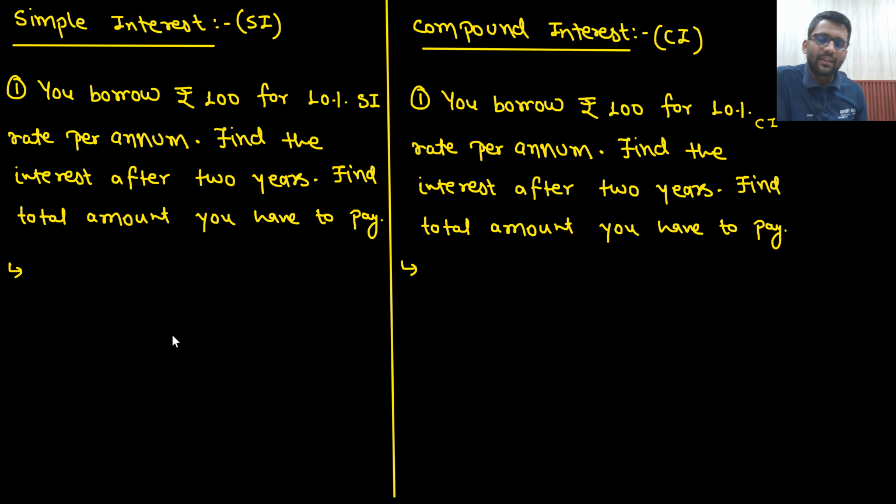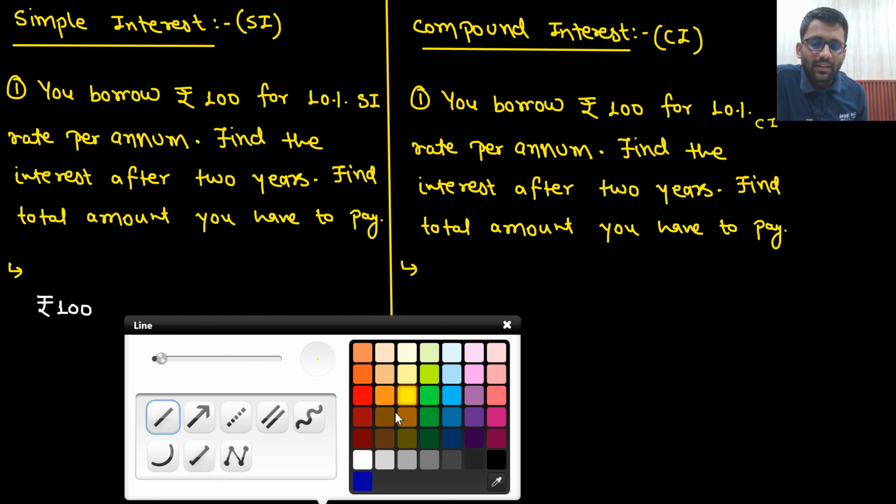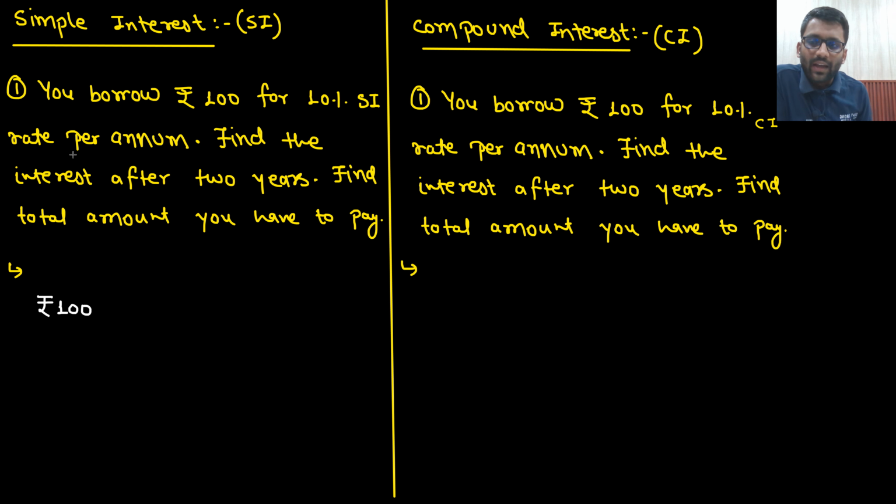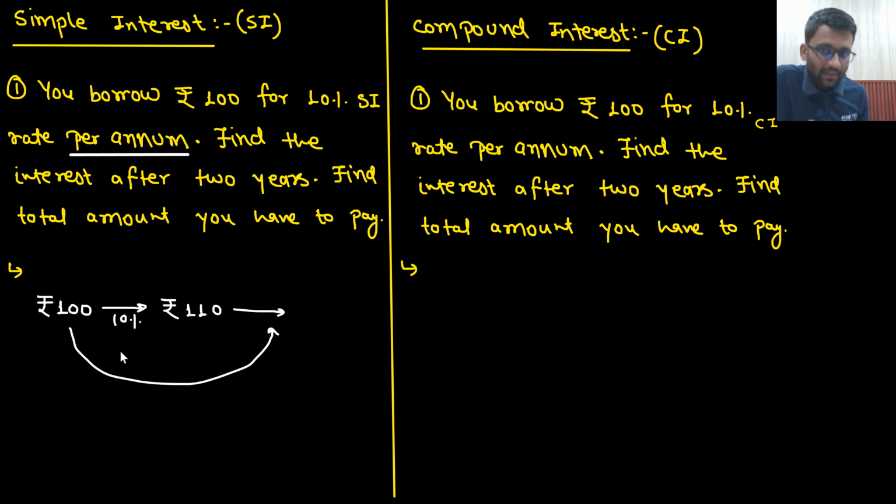What do you understand by that? I am borrowing 100 rupees at 10% per annum. That means every year I will have to pay 10% extra. So after 1 year, I pay 110 rupees. Then again I have to pay 10% extra, but 10% of what? 10% of this principal amount.